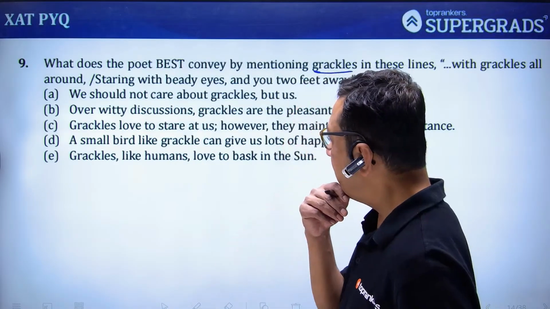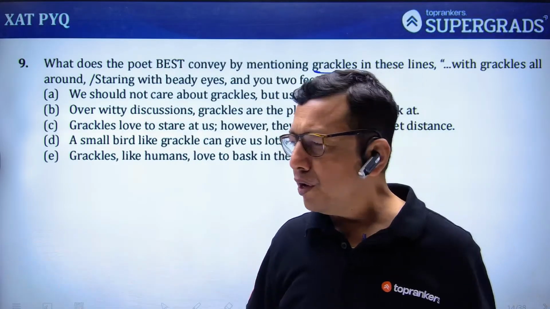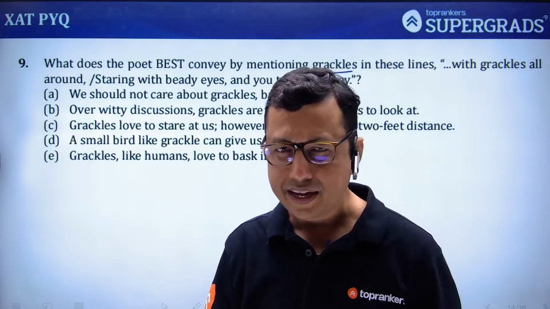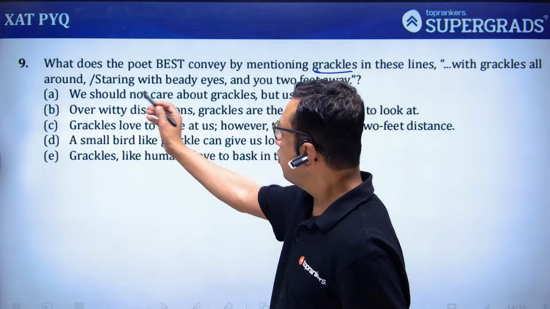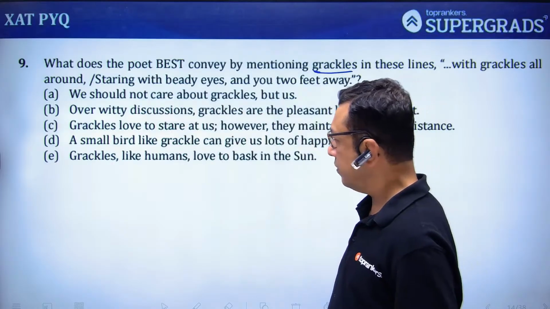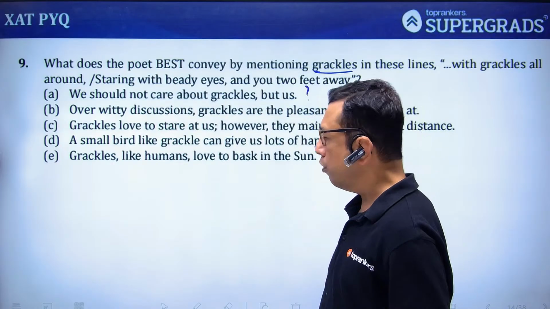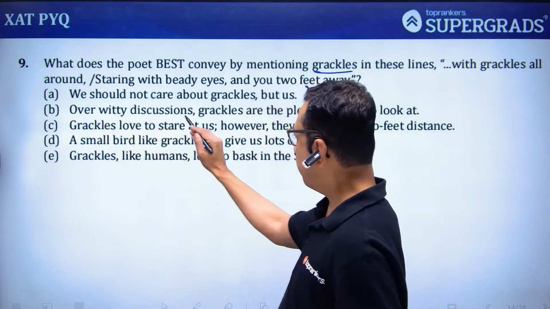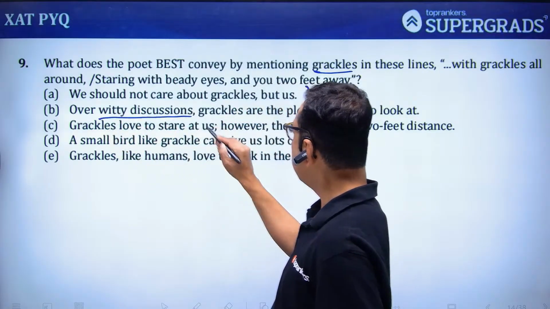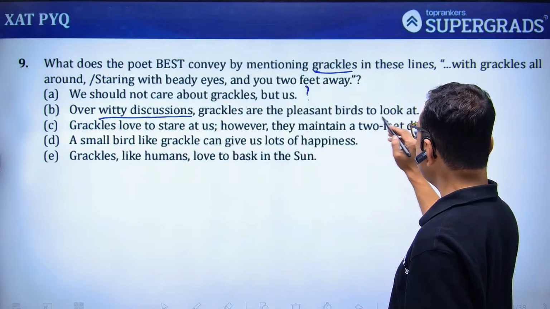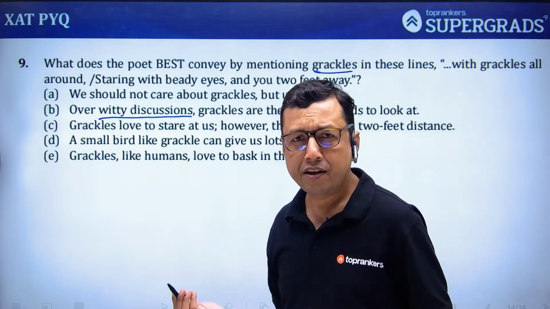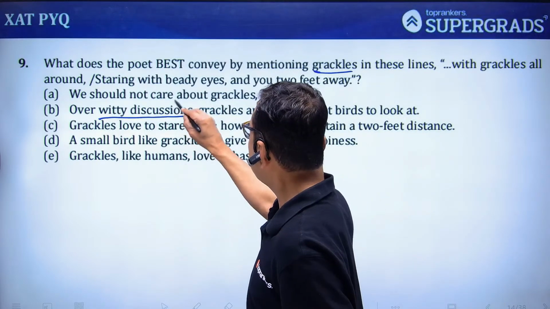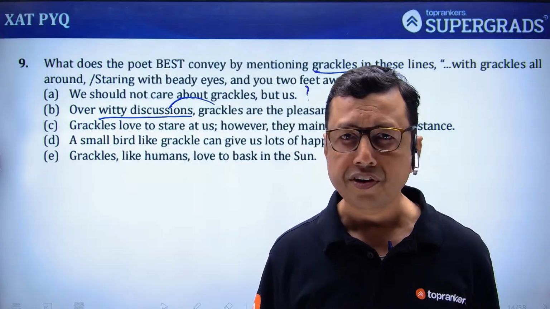Let's see. अब आसपास पक्षी बैठे हुए हैं और वो उनसे बात कर रहा है, right? Let's see. We should not care about the grackles but us. Not sure. Over witty discussions, grackles are the pleasant birds to look at. How do we know this? There is no connection between witty discussions and grackles in the passage.